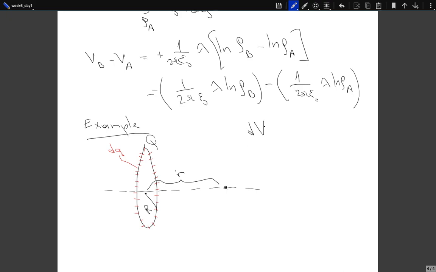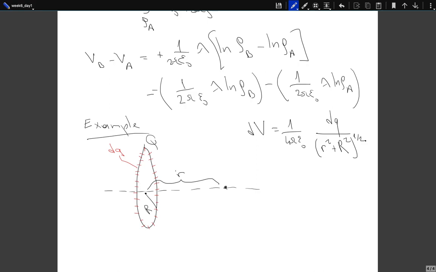So we can write the contribution from, let's say, this segment to the potential at this point: 1 over 4 pi epsilon 0, the charge creating the potential, divided by the distance. And the distance of that segment from the point at which we are evaluating the potential is just small r squared plus capital R squared, then take the square root.